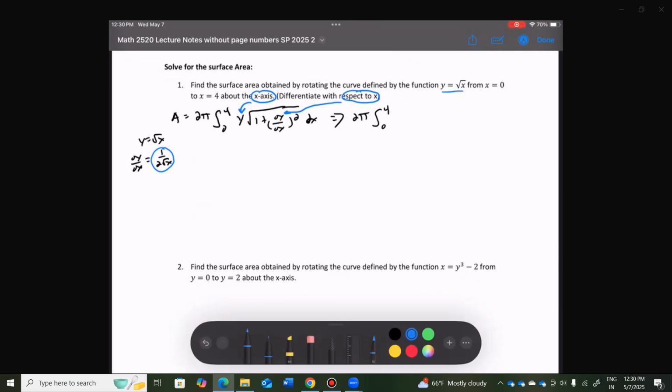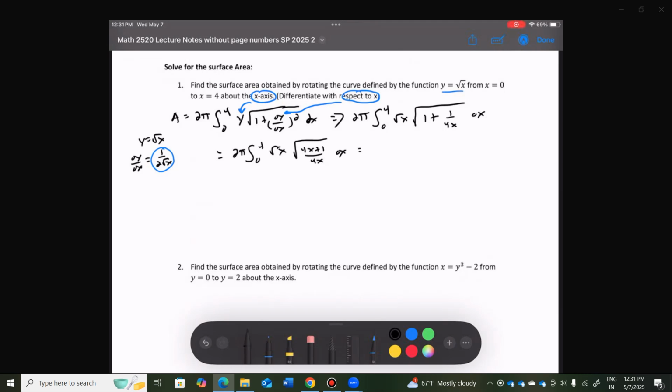So here we'll have square root of x times the square root of 1 plus, and then our dy over dx squared, so 1 over 4x, dx. Alright, so a lot of these you should notice I'm finding common denominator right off the bat. So I have 2 pi from 0 to 4 square root of x square root of 4x plus 1 over 4x dx.